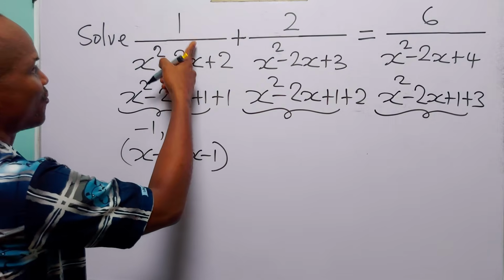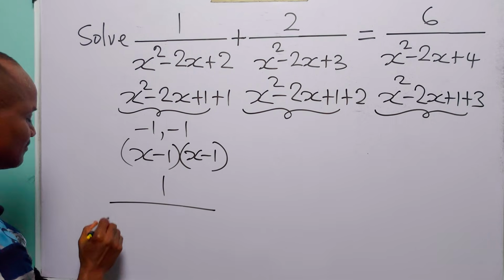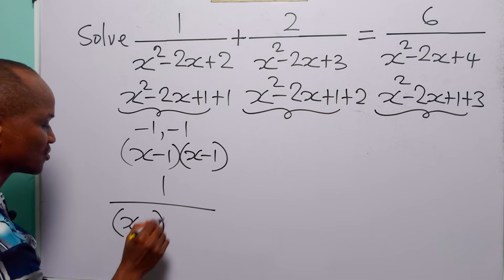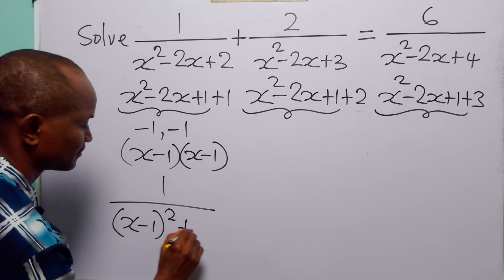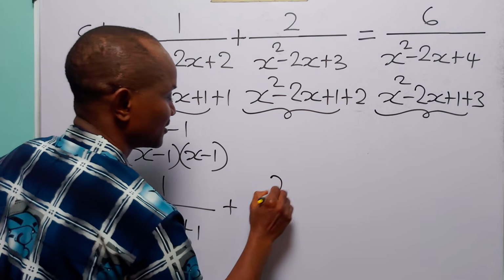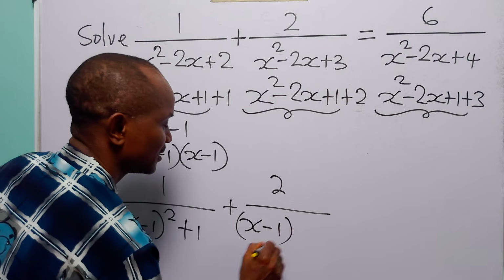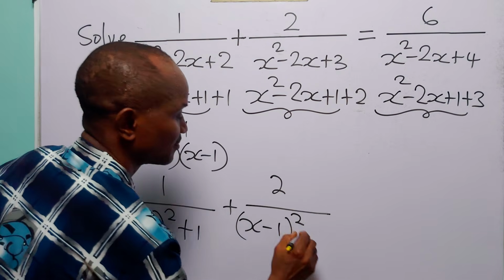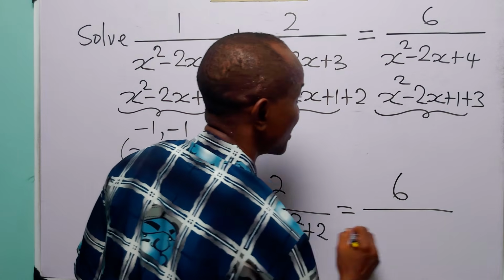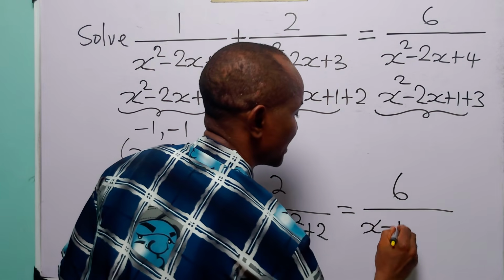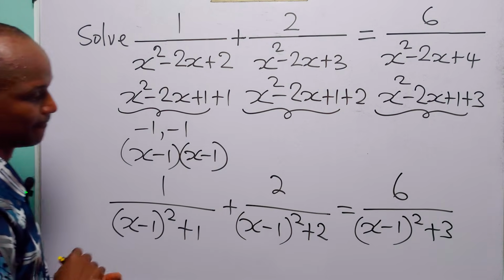So that means that we can rewrite this fraction as 1 over x minus 1 squared, which is this. Then plus 2 over x minus 1 squared plus 2. And this is equal to 6 over x minus 1 squared plus 3.